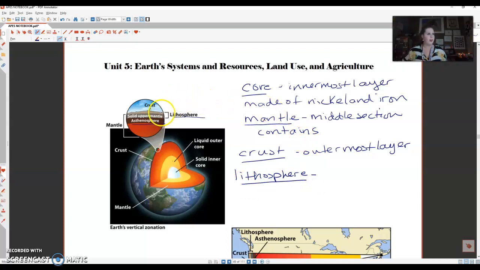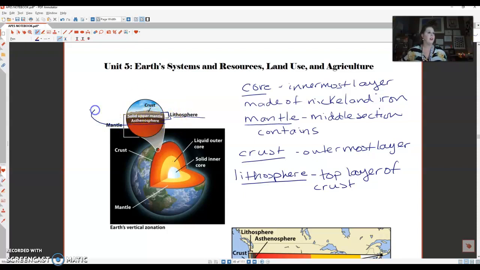It is the very top layer of crust. This is where we see the actual direct impact of earthquakes and volcanoes. This is where we see the cracks. This is where we see the magma flowing through. So the lithosphere is the top layer of crust.